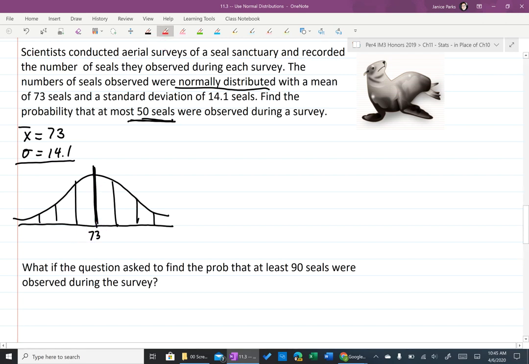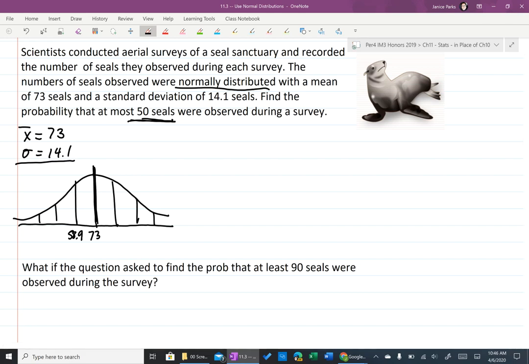If I subtract 14.1 from 73, I'm at 58.9. Hold on, 73 minus 14.1, that's wrong, I think I did 141 last time.